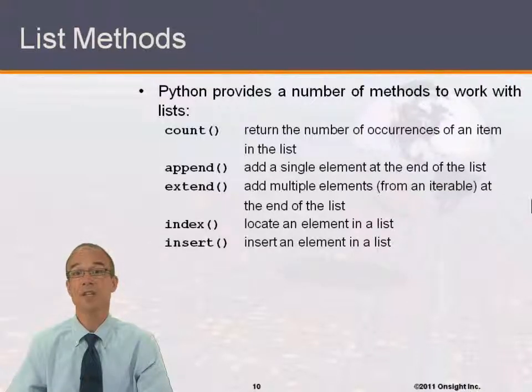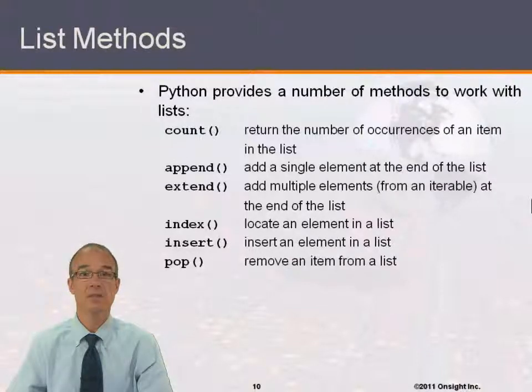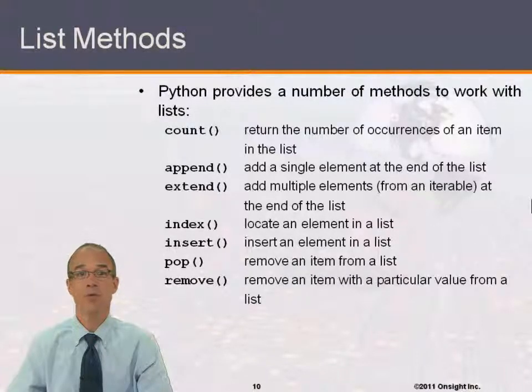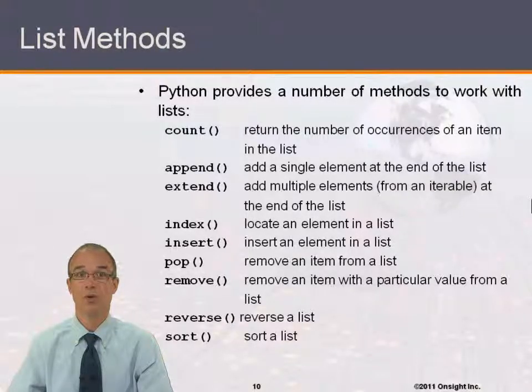Insert will insert an element anywhere in the list. Pop will remove an item from the list. That means it will physically remove and return it. And remove will remove an item with a particular value from a list. That's a very nice method to have. Reverse reverses the list, just reverses its order. And sort will sort it.